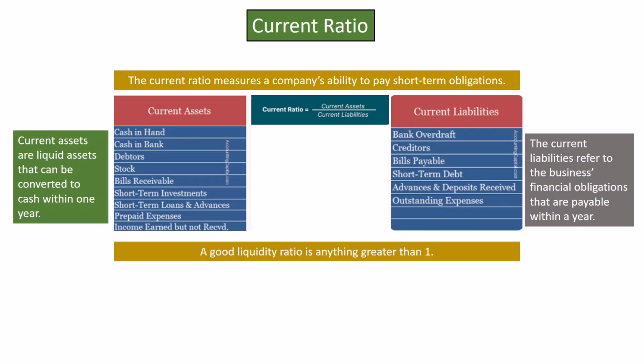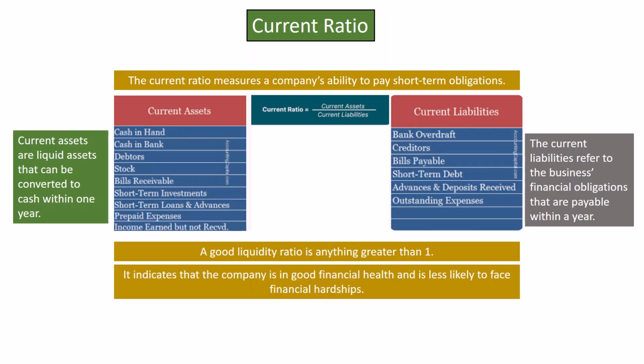It is very important because it is a good liquidity ratio. When we are talking about the value, anything greater than 1 is best for the current ratio. It indicates that the company is in good financial health and is less likely to face financial hardships.